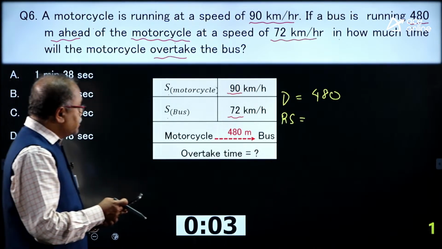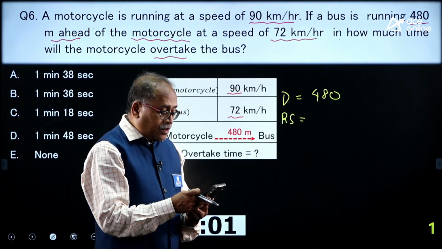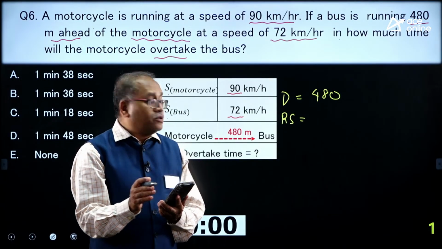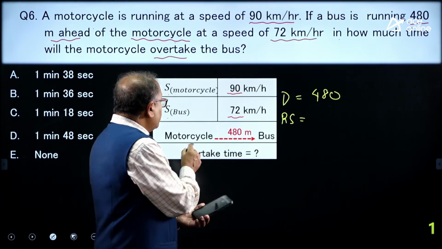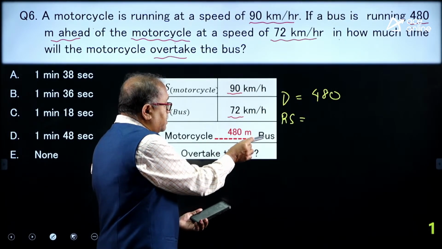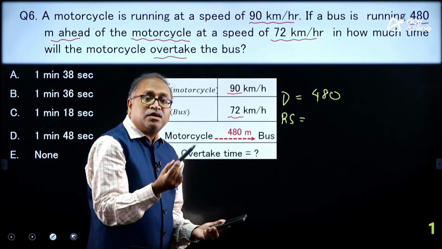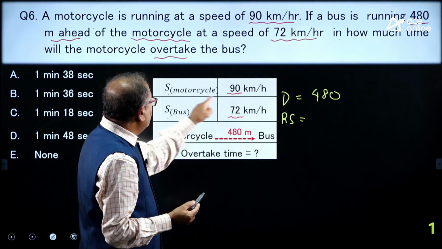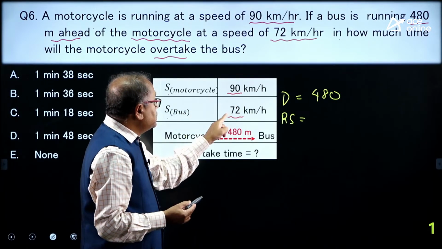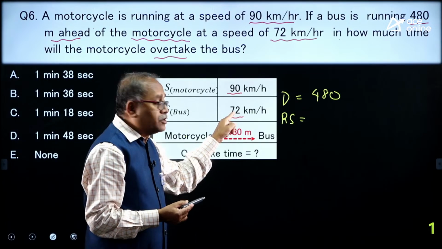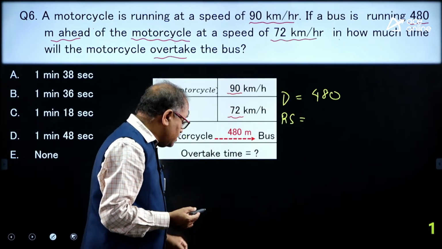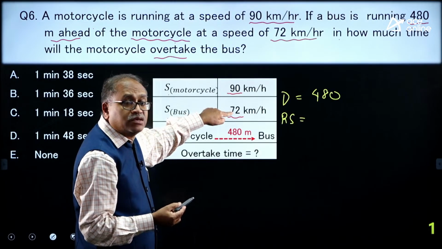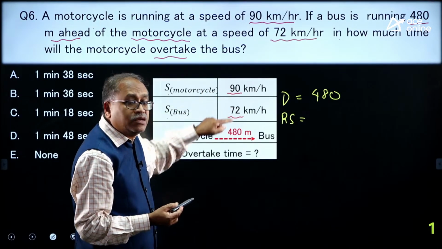Come on. Whoever is there, if you have the basic understanding about the subject, you definitely know that the bus is 480 meter ahead, and what is the motorcycle speed? Motorcycle speed is 90, which is greater than the bus speed. So, obviously, what is my relative speed? My relative speed is 90 minus 72, and that comes 18.